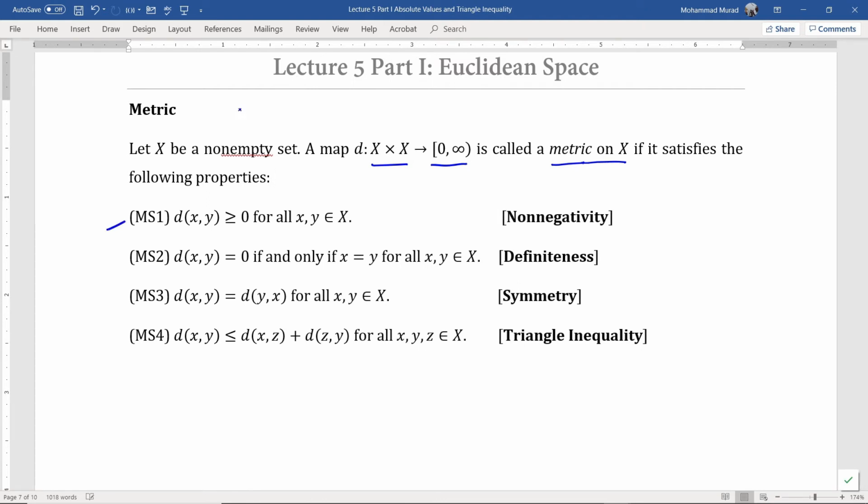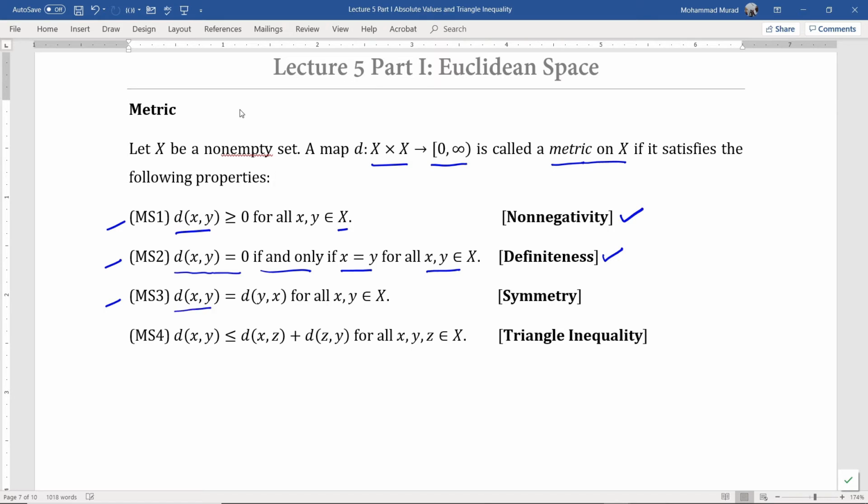Property 1. D of x comma y is non-negative for all x and y in X, which is called the non-negativity. Property 2. D of x comma y equals 0 if and only if x equals y for all x and y in X. This is called the definiteness property of the map. Property 3.